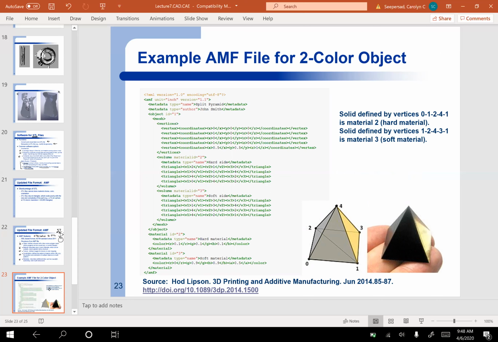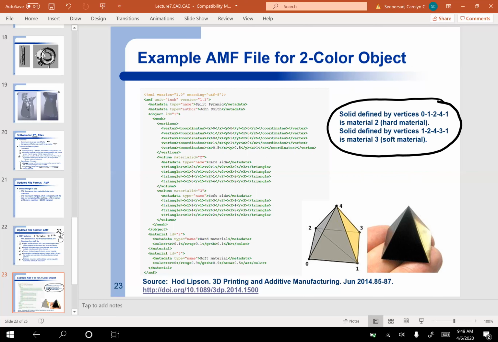So this is an AMF file for a pyramid, but the unique thing about this pyramid is it's going to be two materials, all right? So we're going to have one solid defined by, let's take a look at this description up here. We're going to take this object, this pyramid, and divide it into two different materials.